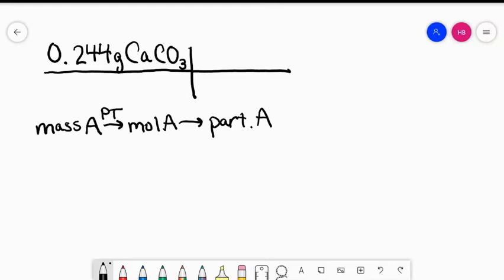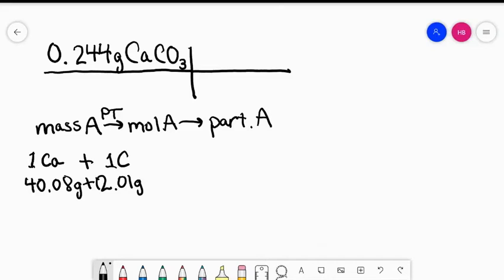If you notice, it says we need to use the periodic table to find the molar mass. So I'm going to look for the molar mass of calcium carbonate. I'm going to add 1 calcium, which has a mass of 40.08 grams per mole. I'm going to add it to 1 carbon, which has a mass of 12.01 grams.